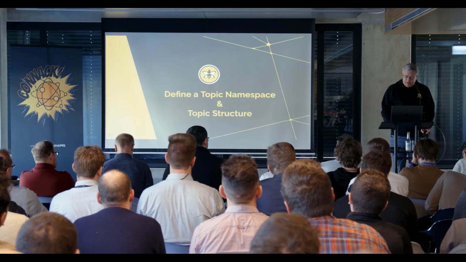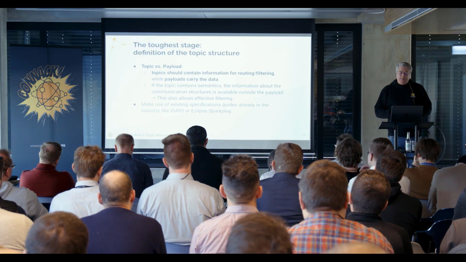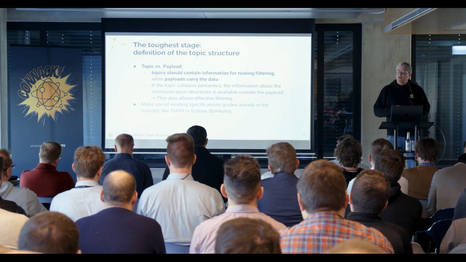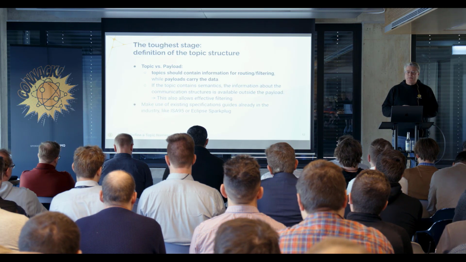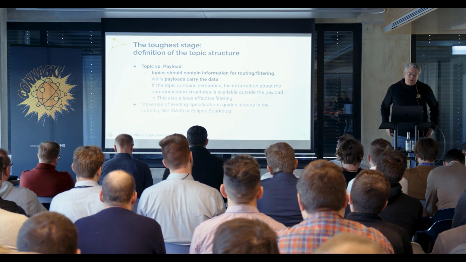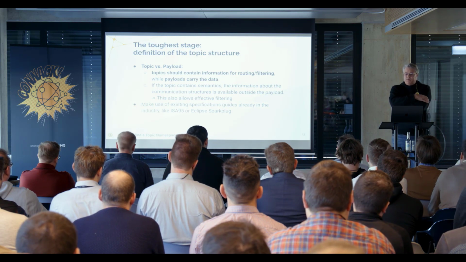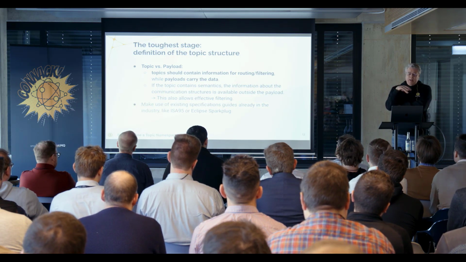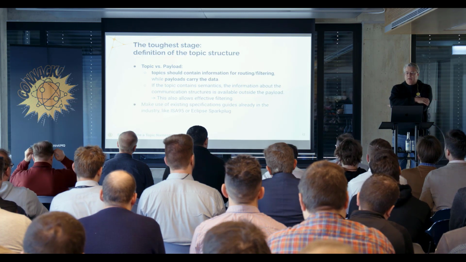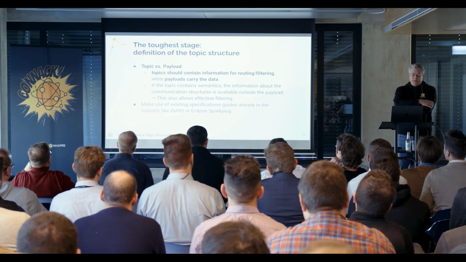So defining a topic namespace and a topic structure is probably the toughest stage of an MQTT specification. In general, it's a good pattern to follow that topics should contain information for routing and filtering, and the payload really only carries the data.